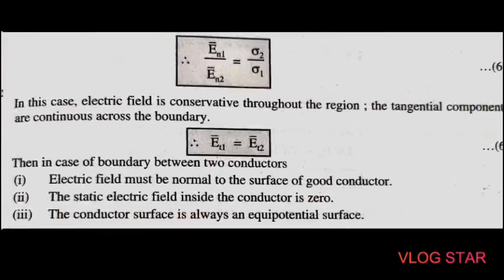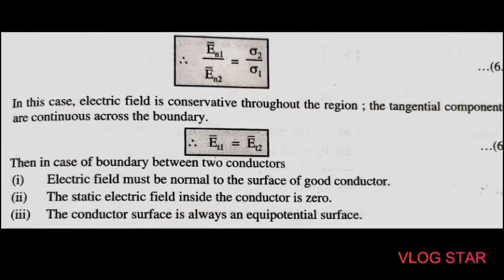Hence En1 bar upon En2 bar is equal to sigma 2 upon sigma 1. In this case the electric field is conservative throughout the region, so the tangential component of E bar is continuous across the boundary. So the tangential component of E1 bar is equal to the tangential component of E2 bar.